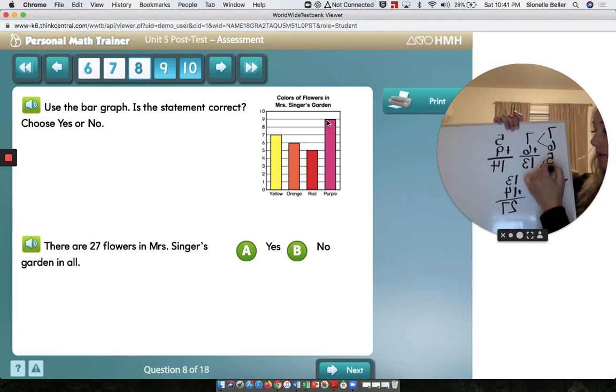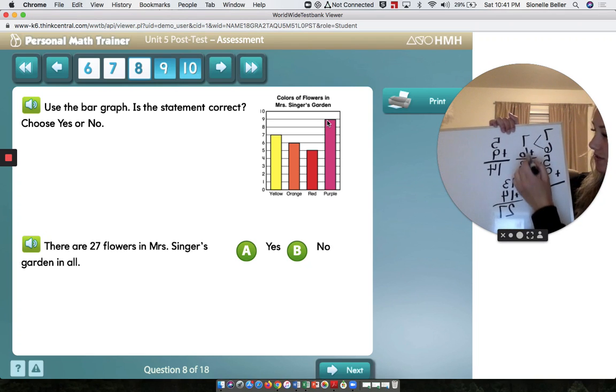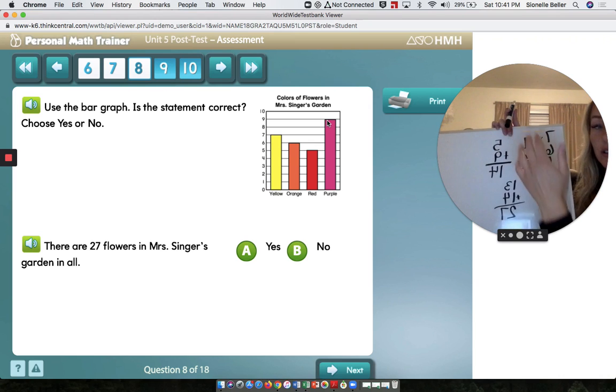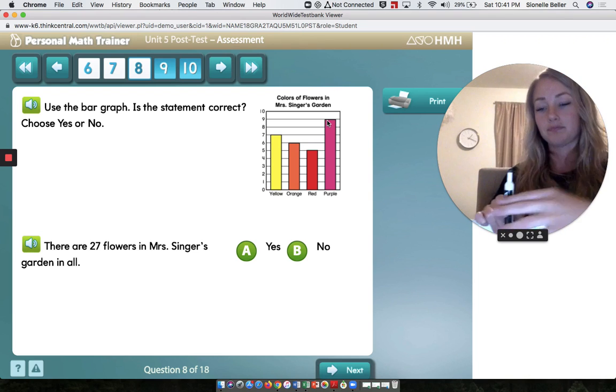Let's add it this way too and just make sure that we're correct, okay? 7 plus 6 is, well, look, we did it right here, 13. Now we're going to add 5. So count up 5 from 13. 14, 15, 16, 17, 18. So we're at 18, and we're going to add 9 more to 18.